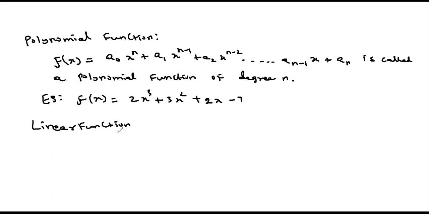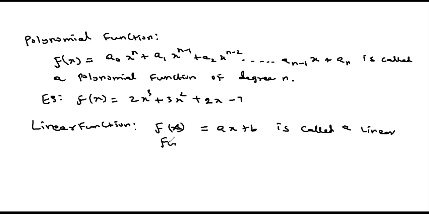Here, for real numbers a and b with a not equal to 0, the function f of x is equal to ax plus b is called a linear function. Okay ma? Understood? What should f of x be equal to? ax plus b, then it is called a linear function. So an example for a linear function is y is equal to 2x plus 3.